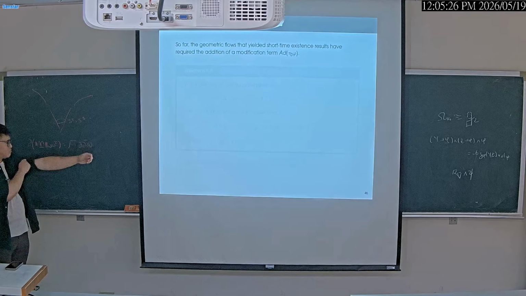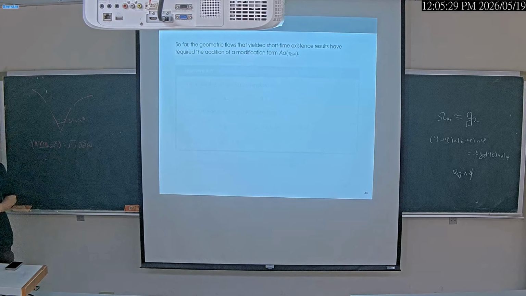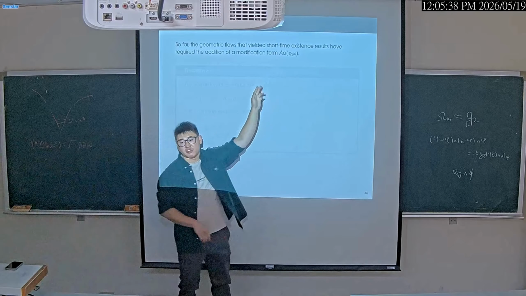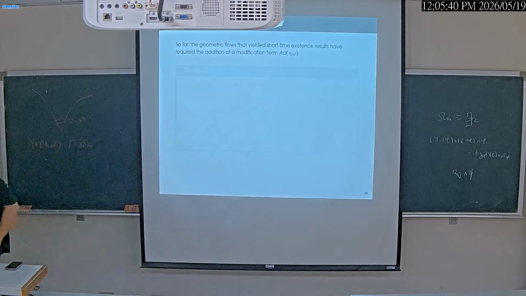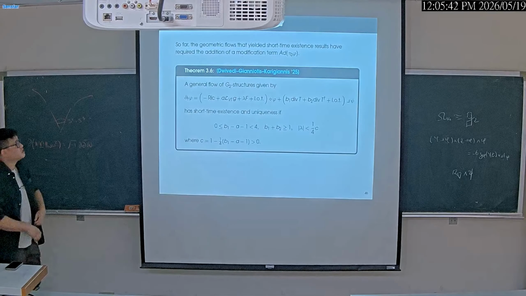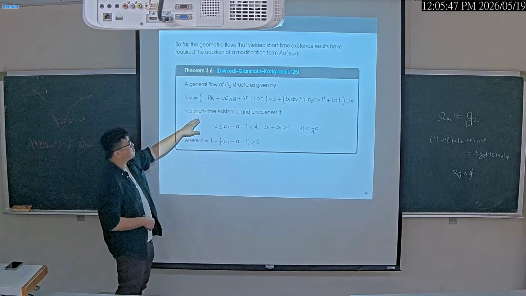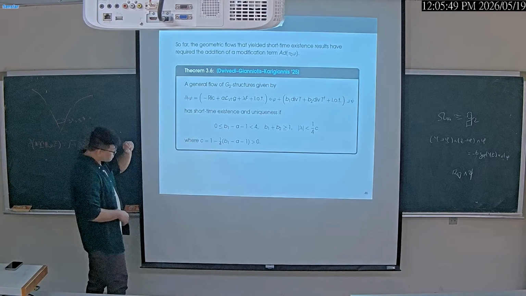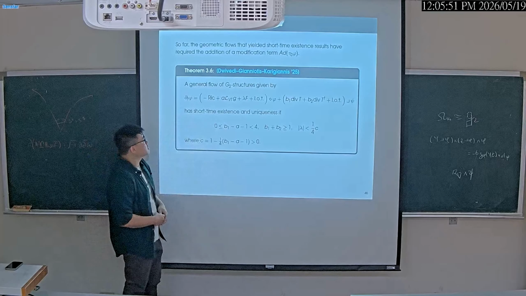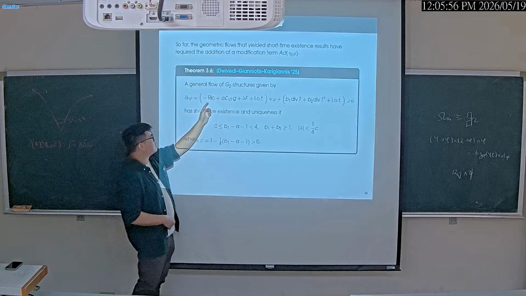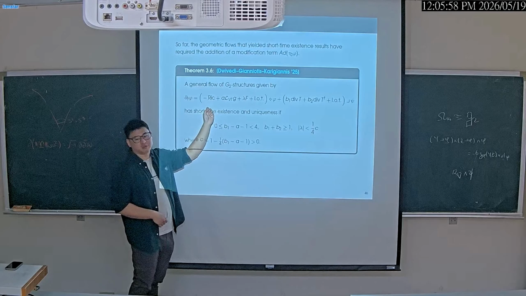Anyway, one thing to finally mention about why these flows fail to solve this is the short-time existence issue. Everything that worked well needed this additional modification term somewhere. The coefficient is to be determined, but a general result by Dwivedi, Ioannidis, and Karigiannis is that if you have a generic flow of G2 structures that you can write in terms of how things are evolving, this term here is basically saying that your flow should look like a Ricci flow.